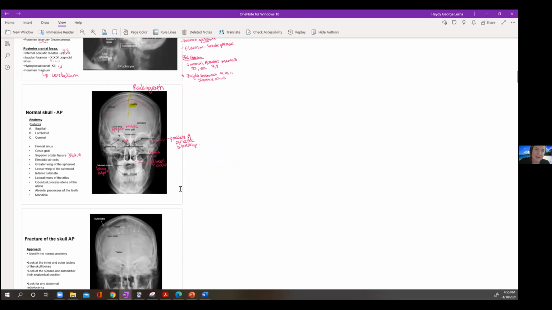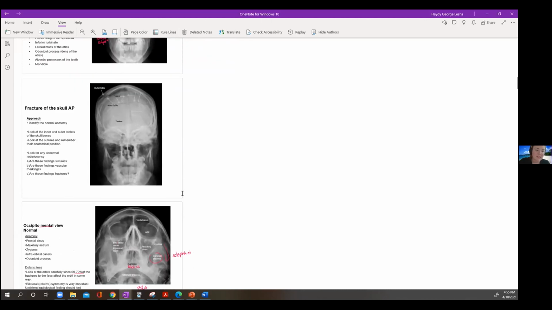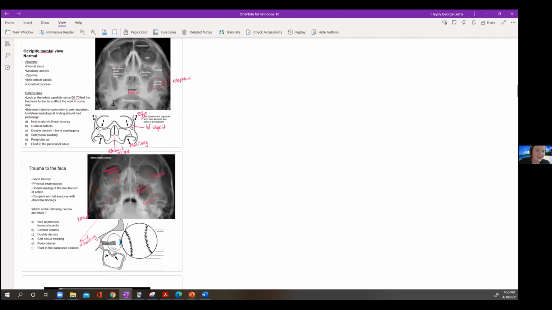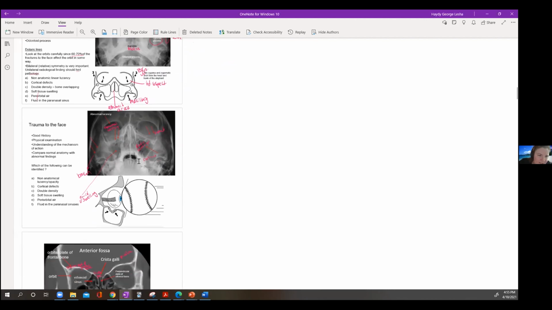There was an MRI coronal section on the exam, so make sure that you do understand the sinuses in that sense. This is a really good schematic right here of what you would see on a coronal MRI. I don't remember this being a huge thing.